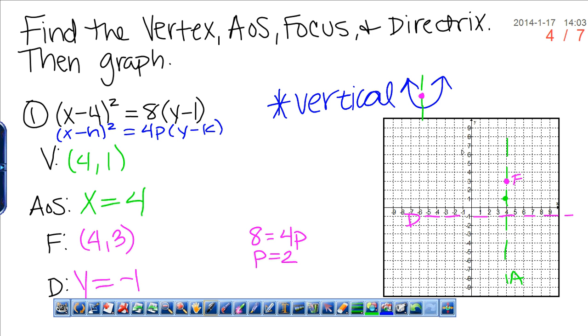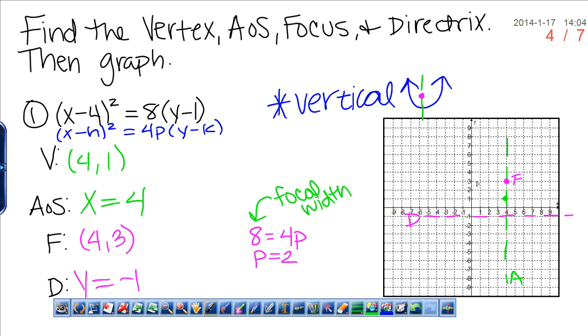We know it's going to look something like that, but I need 2 more points. I'm going to use the endpoints of the focal width, or the focal chord. Remember we talked about that? So this 8, this 4p, that's the focal width. So from my focus, the width of the parabola is 8, which means it has to be how many on each side? 4.